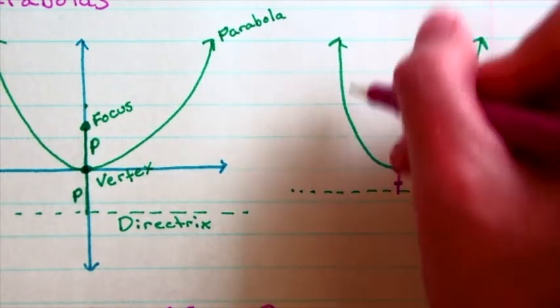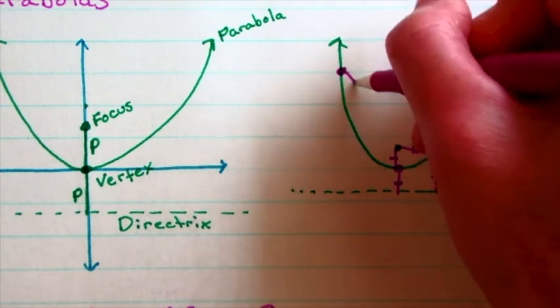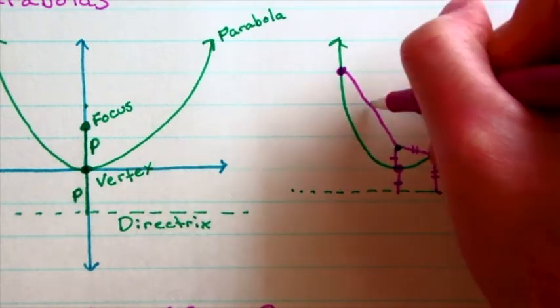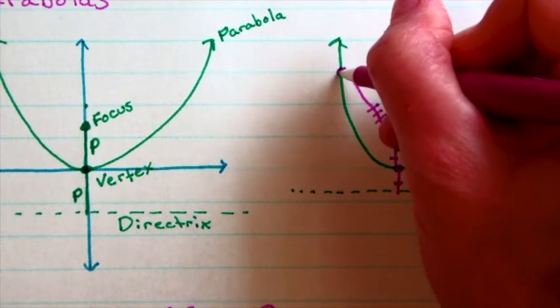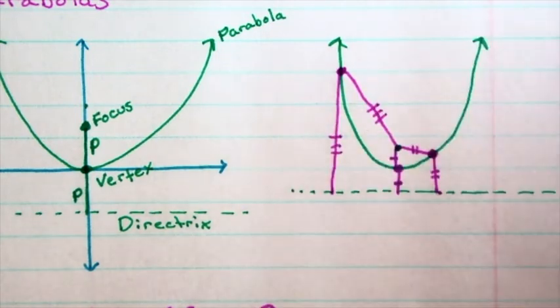I should be able to pick any point on the parabola, no matter how far away or how close it is, and these two distances should match up. Again, this one's not exactly to scale, but that's the idea.